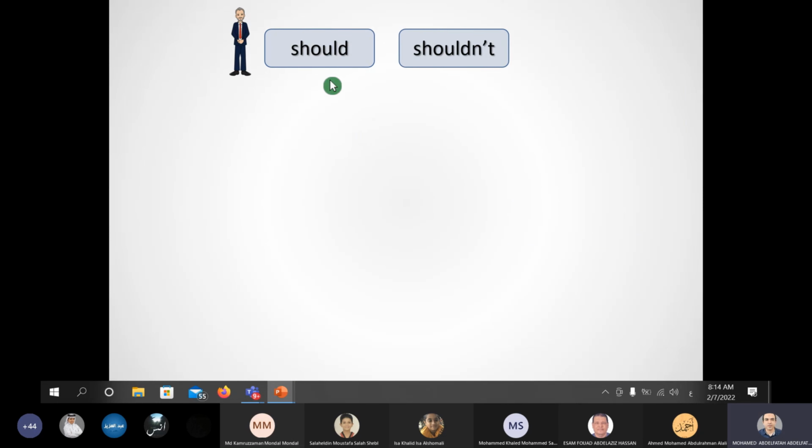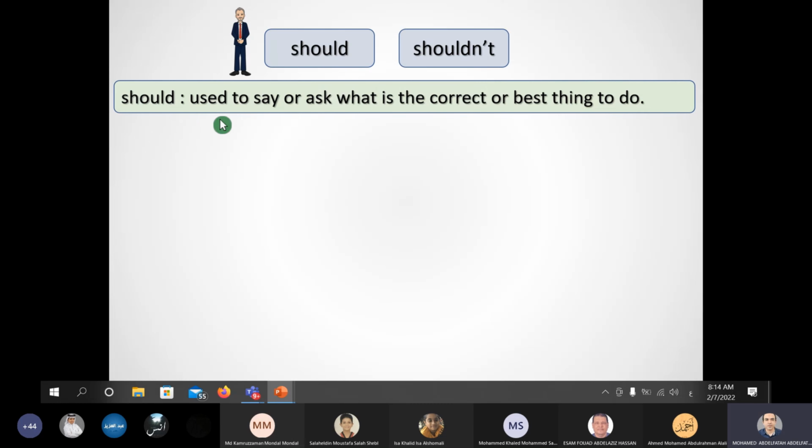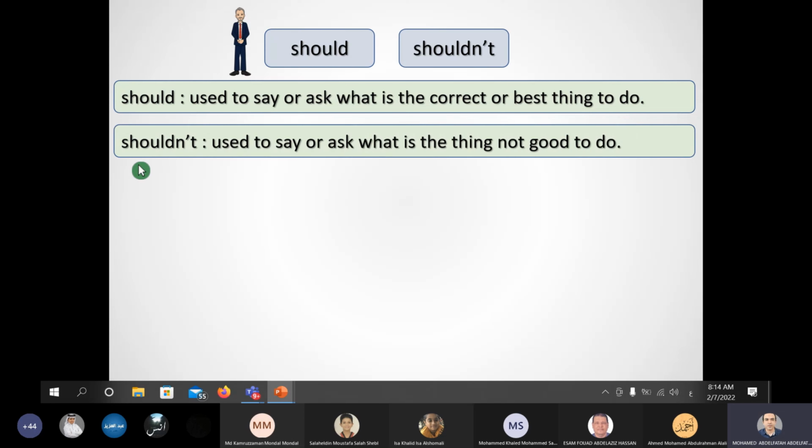At the beginning, we want to learn what is the meaning of should and what is the meaning of shouldn't. Let's start with should. Should is used to say or ask what is the correct or best thing to do. On the other side, shouldn't is used to say or ask what is the thing not good to do.